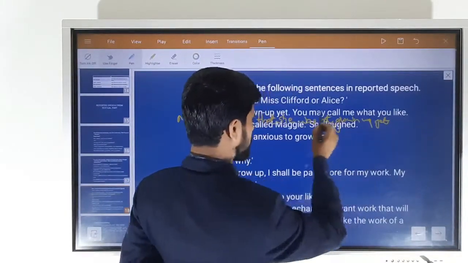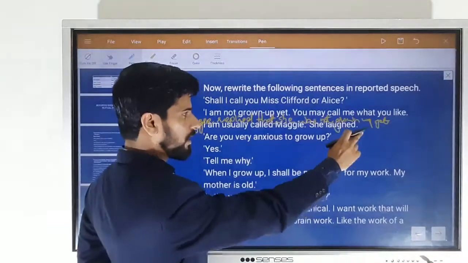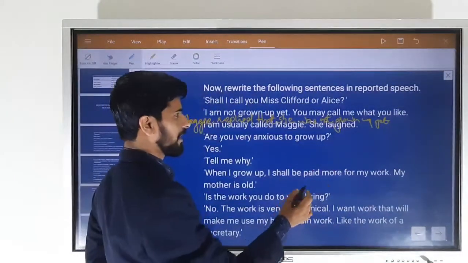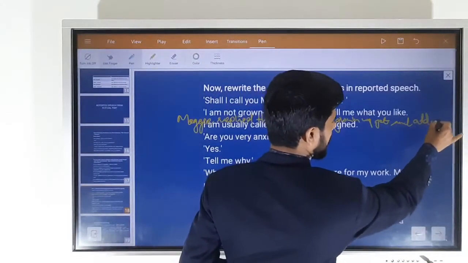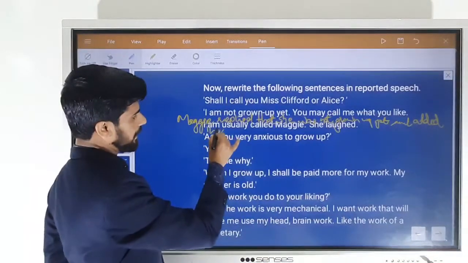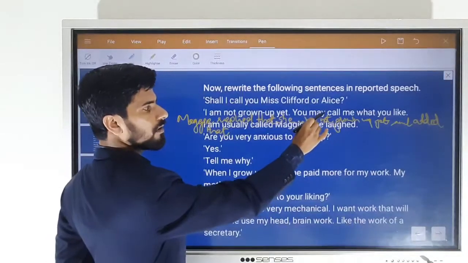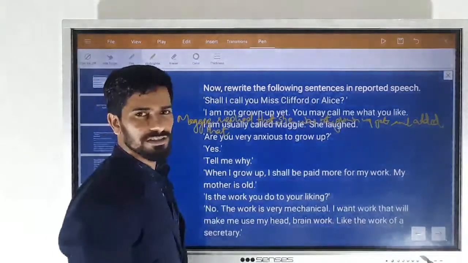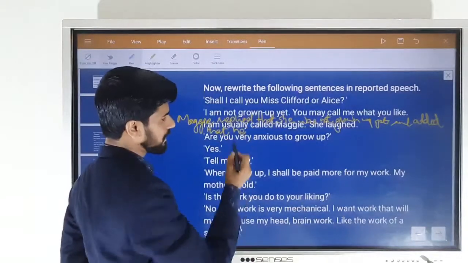And I added, so this is another sentence. So instead of just converting it, you can put in between and added that. He might call her what he liked. So you means Gupta, right? So you can convert it as he.